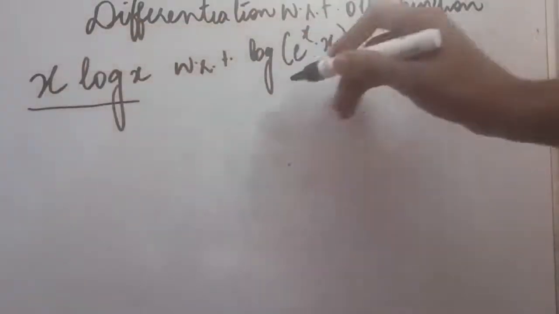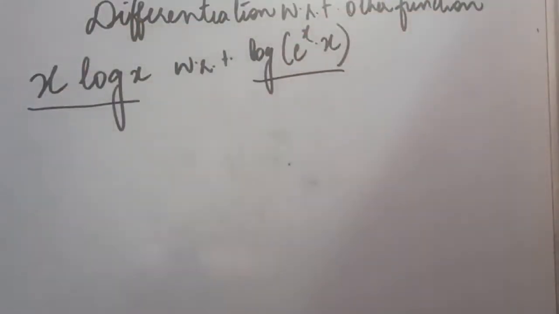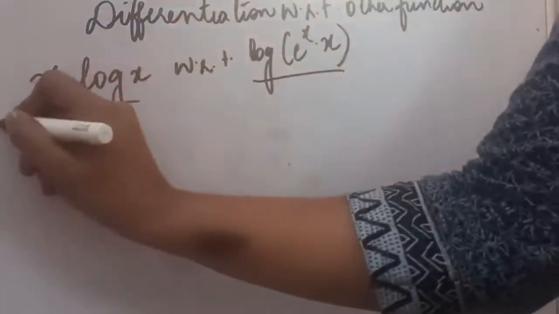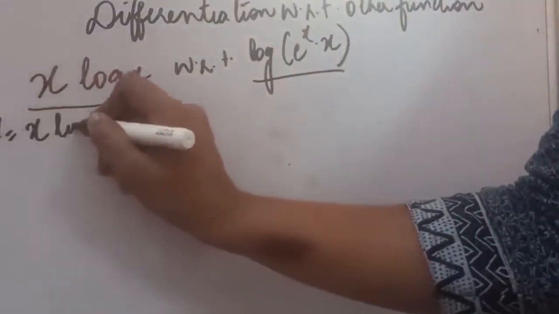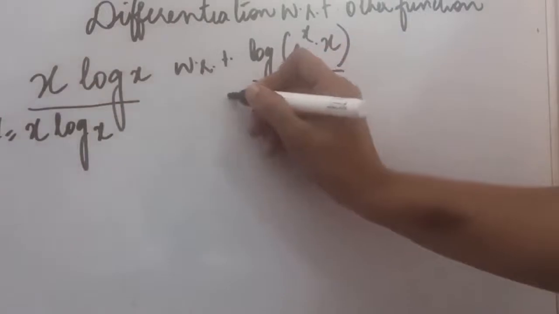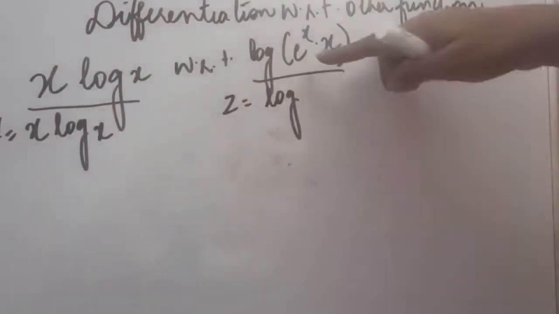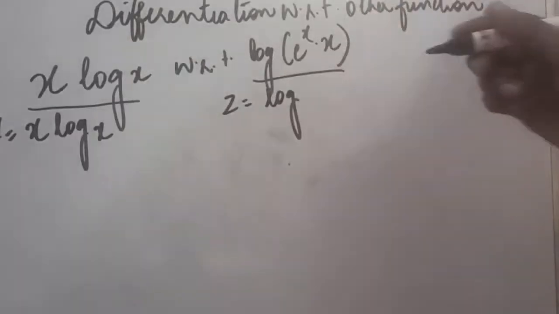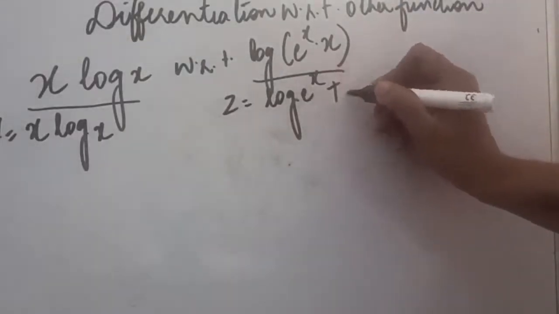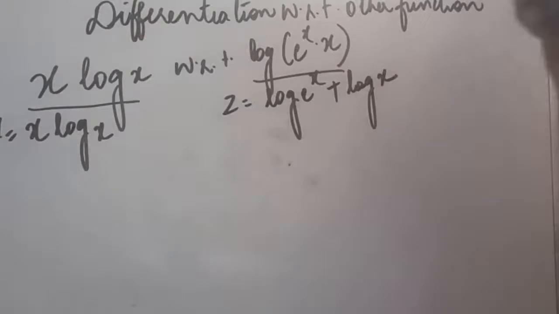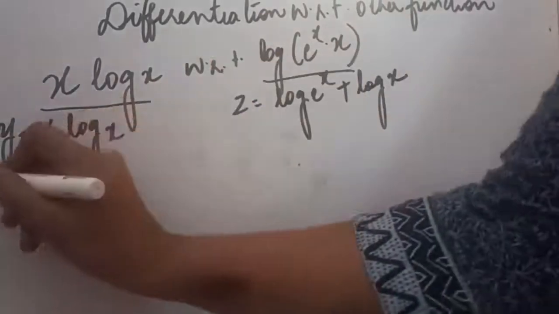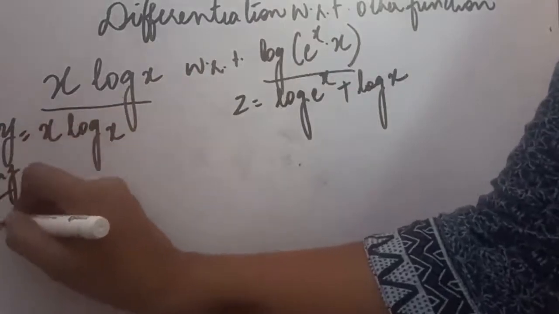In this question again you have been given one function and with respect to this you have to calculate the derivative. So we put the left side equal to y, x log x, and on the right hand side, you can see that this is in the form of log m into log n, so we can write it like this, plus log x. So taking the differentiation of the first part, we will be getting dy upon dx.